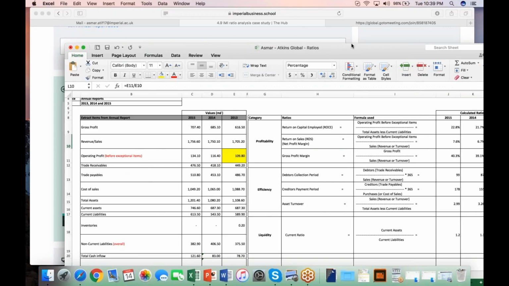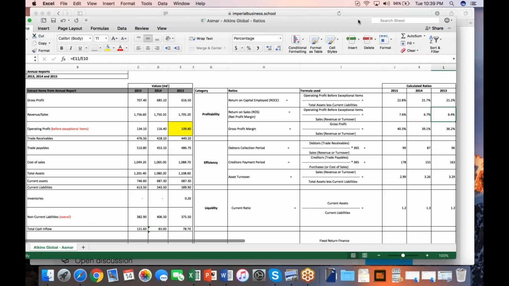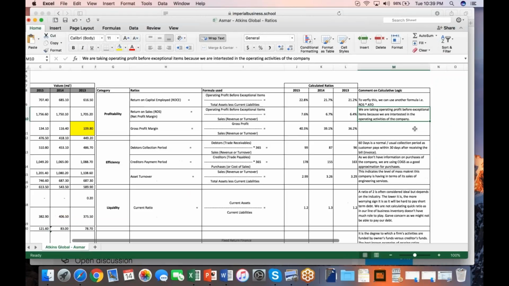We are taking operating profit before exceptional items because we are interested in the operating activities of the company. I just copy pasted the professor's comments. Now, I have given net profit margin, but the main name of the ratio is return on sales, which is in conjunction with one of the lectures of Marco on the hub.